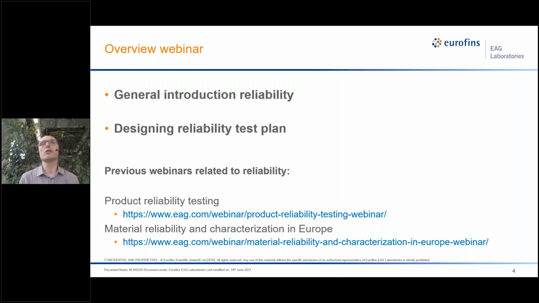In the first block, we will take a closer look at the background of reliability testing. And then in the second block, the designing of reliability test plans will be discussed in more detail. It will be examined how together with the customer, the lifetime of a product can be determined. And during the last part of the webinar, we will try to answer your questions.